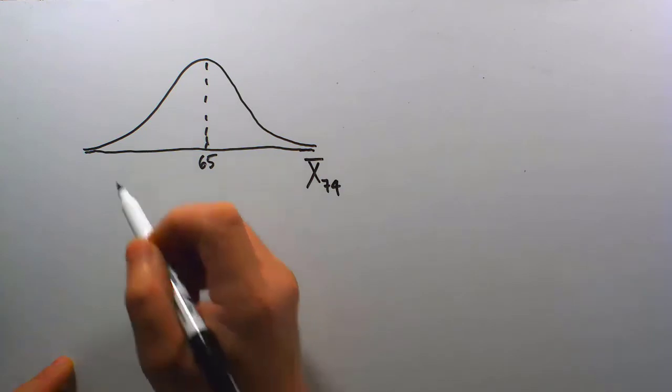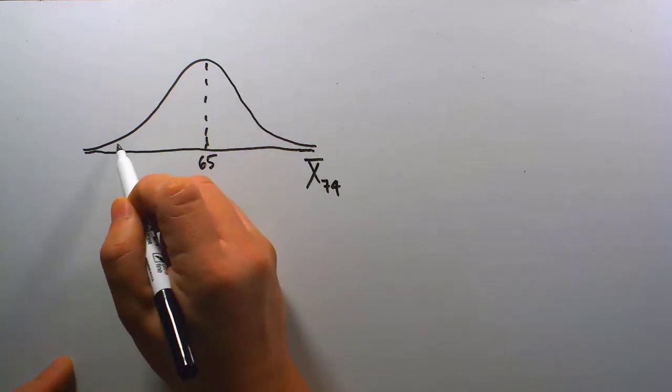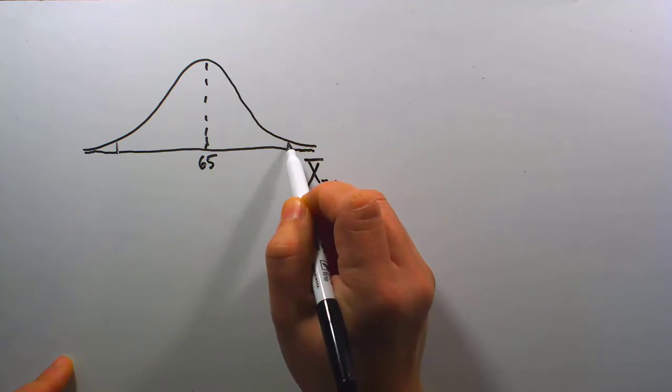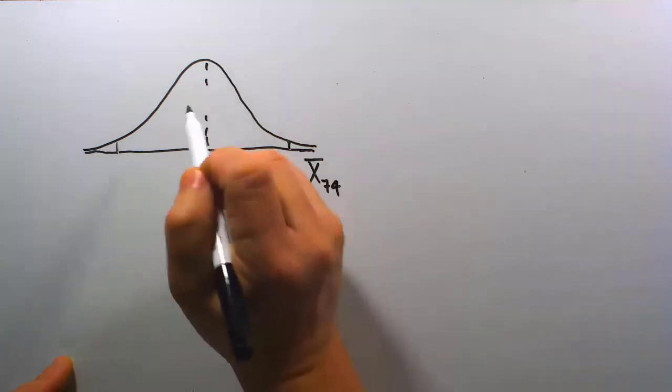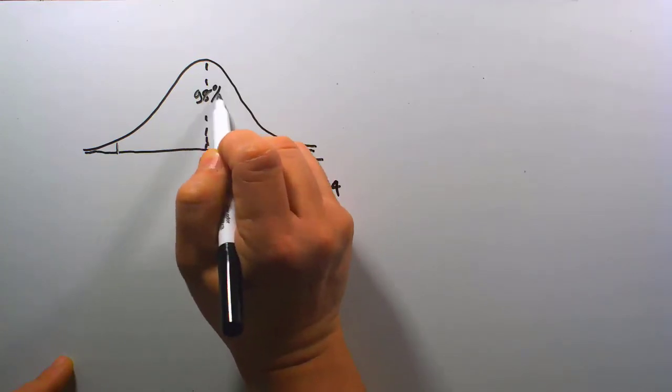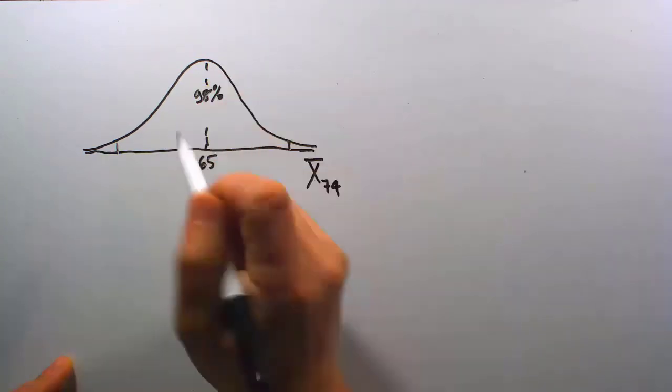And then we have seen from earlier explanations that this bell curve has a common area. The common area, big and fat in the middle here, is as large as 98%.